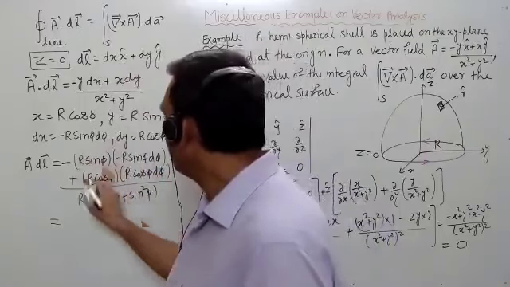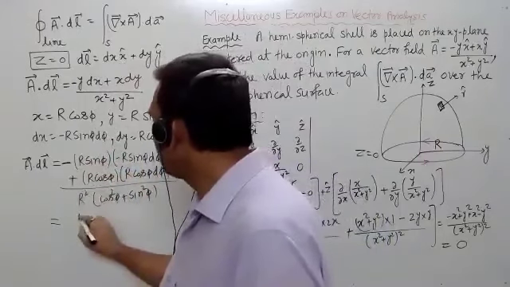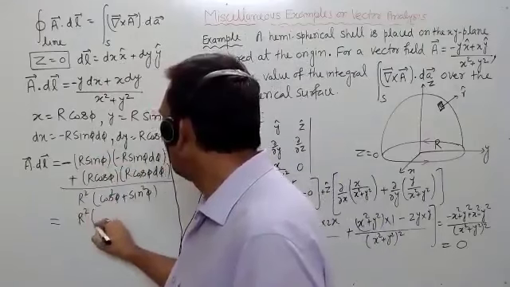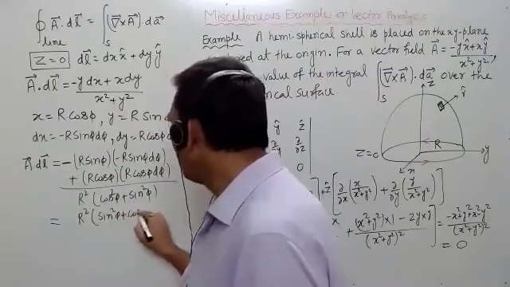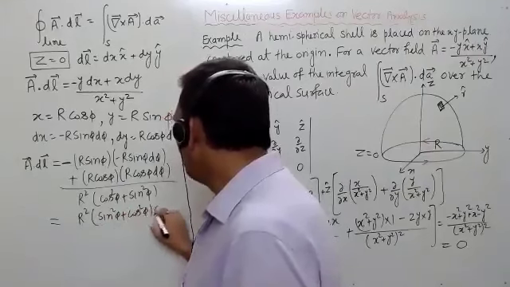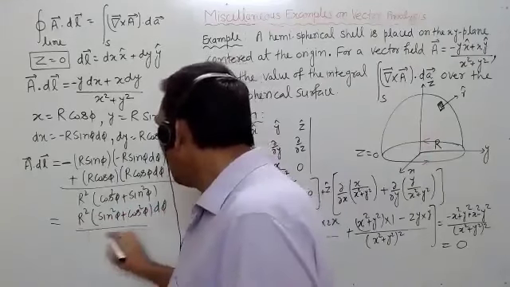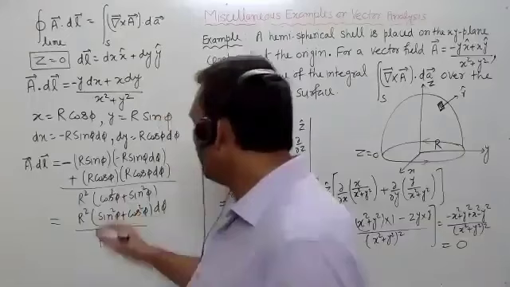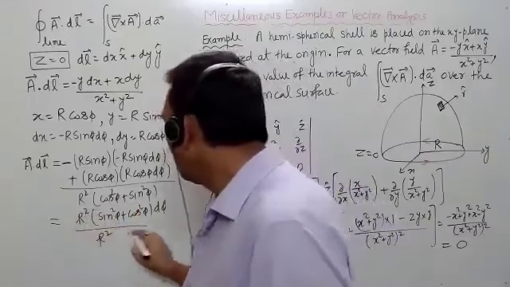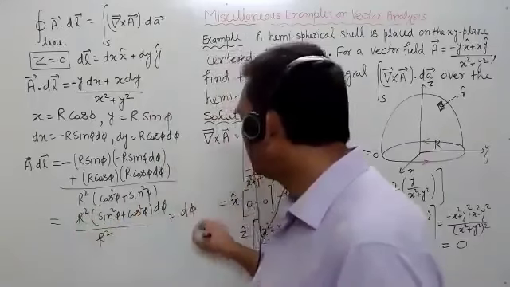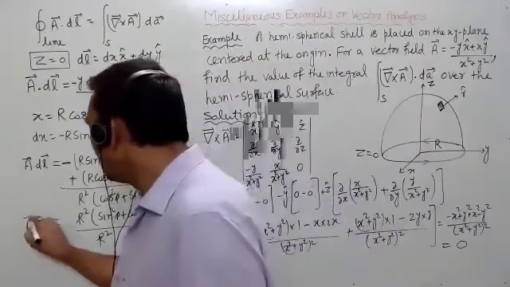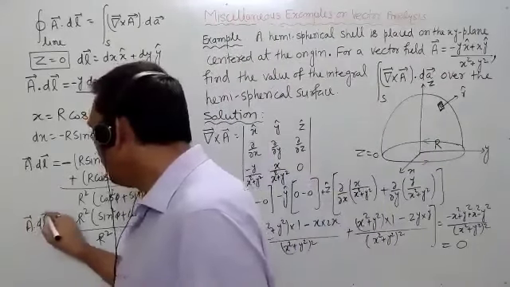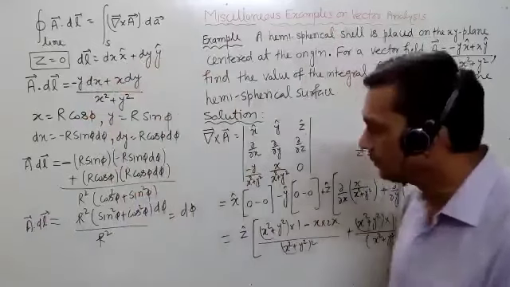So this will give you r square times sine square phi plus cos square phi, d phi by r square. So r square will cancel out. This will give you simply d phi. So A dot dl is d phi.